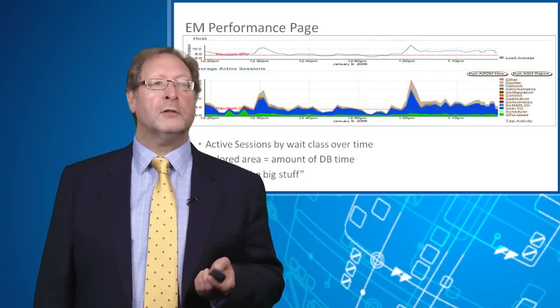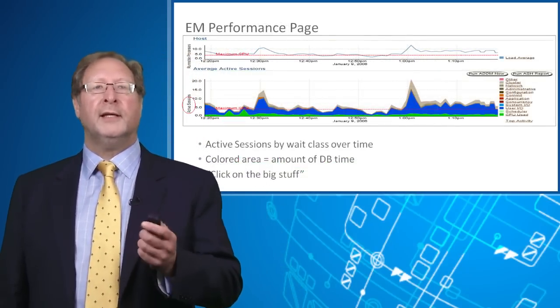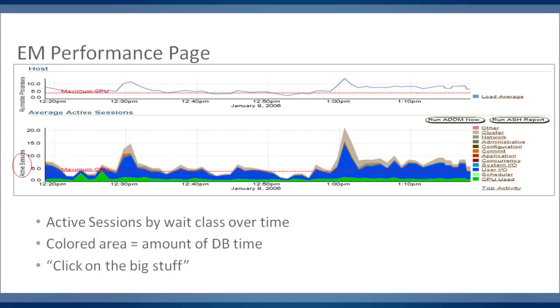And how does that look in Enterprise Manager? It looks like this, and those of you who've used Enterprise Manager and the main performance page and top activity page will recognize this. So this is showing how many sessions are active at any point in time.